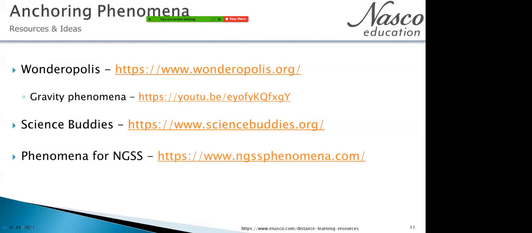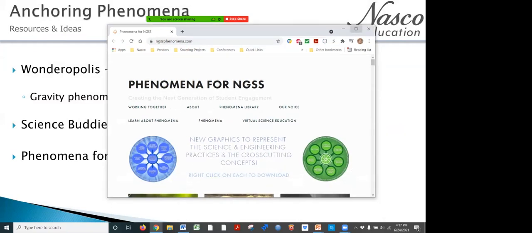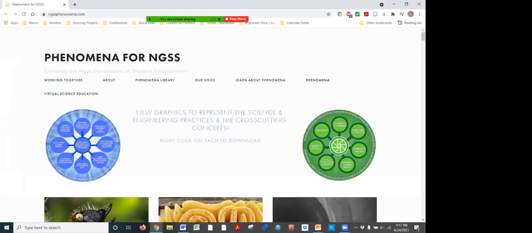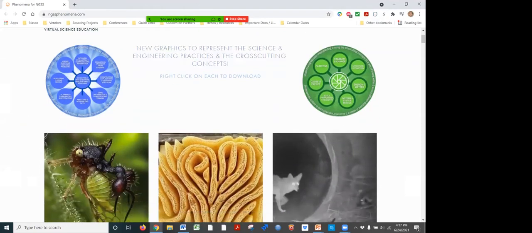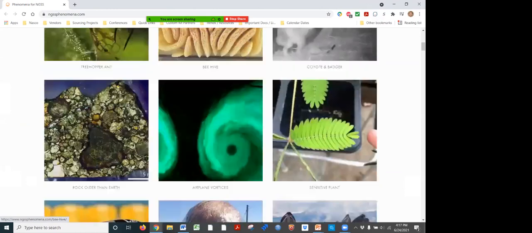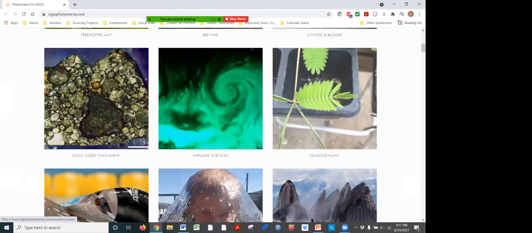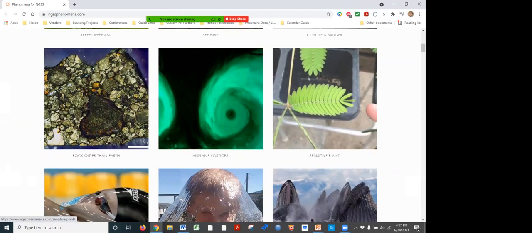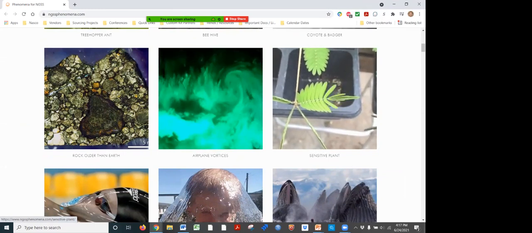And then finally, you also have something called Phenomena for NGSS. This individual likes to refer to themselves as NGSS Guru Hub. This is a great way to start talking about different interactions, different things that occur over time. Hey, look at this. There's a sensitive plant. Why is it moving like that? That's kind of bizarre.